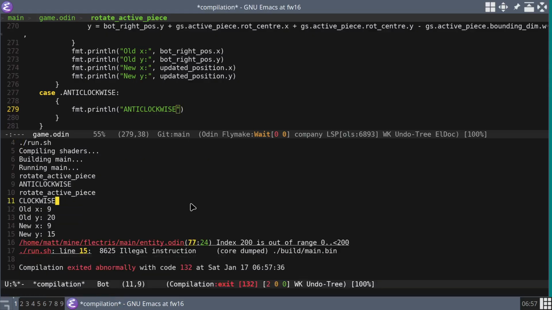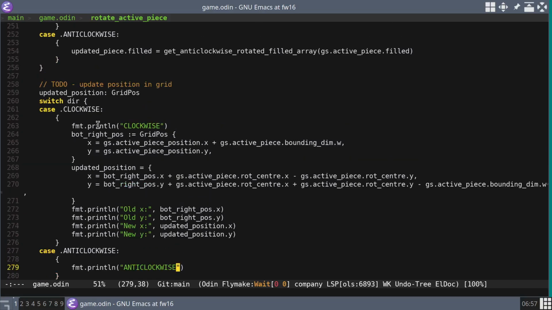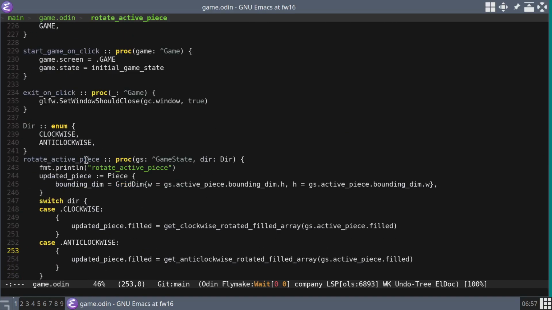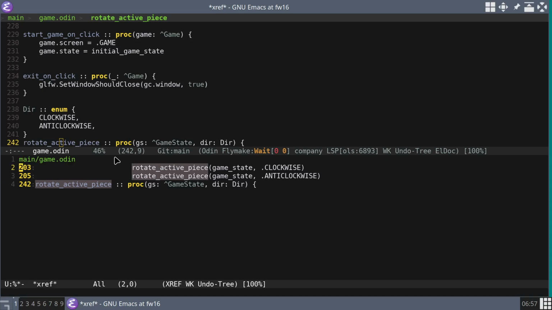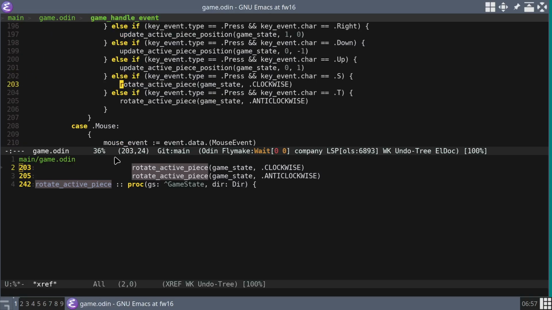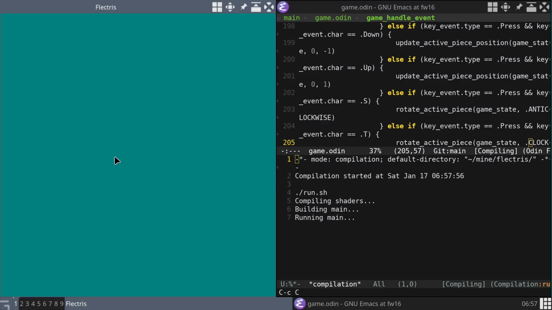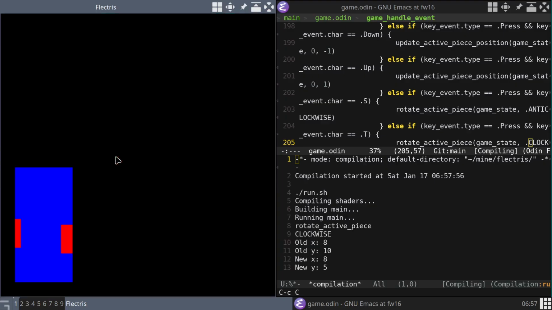Am I stupid? We're in here. Rotate active piece is called where? In here. You press S, I'm going the wrong way. I am stupid. Oh no. Okay, let's try again.